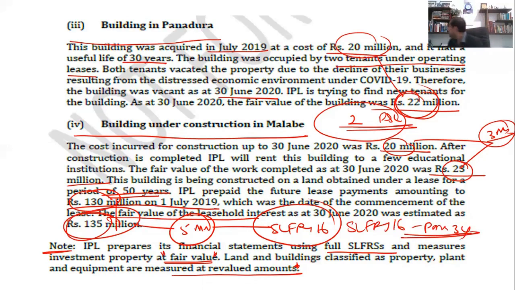I will show you the standard, para 34. Other measurement models: if a lessee applies the fair value model in LKAS 40 Investment Property to its investment property, the lessee shall also apply that fair value model to right to use assets that meet the definition of investment property in LKAS 40.